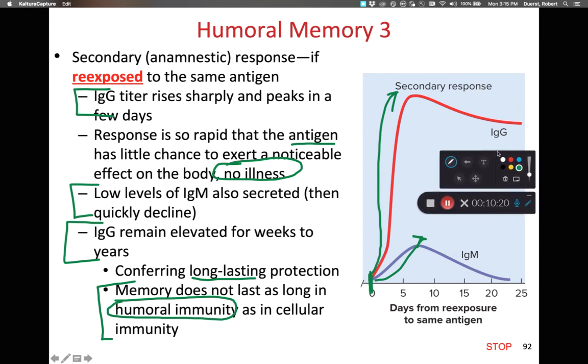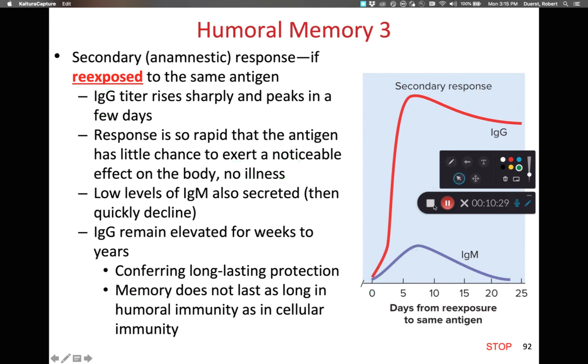And one of the big questions out there right now is, why do memory cells die, and how can we promote the longevity of our memory cells without booster shots? I don't know the answer to that question, but I guarantee you, if you come up with an answer to that question, you are going to get a Nobel Prize.